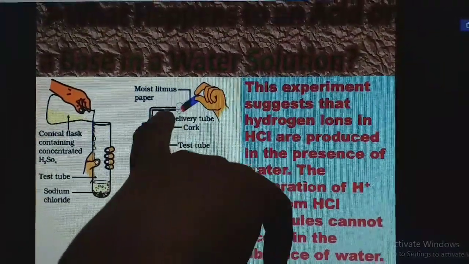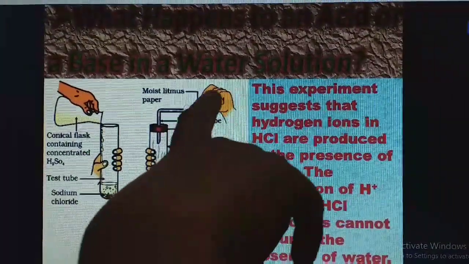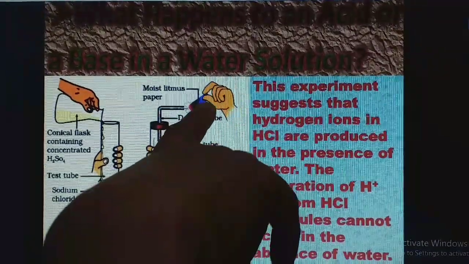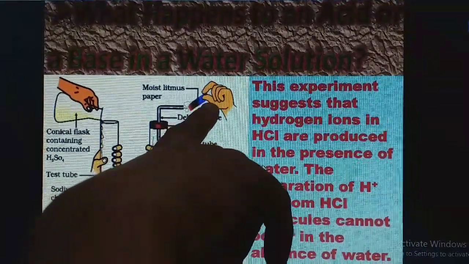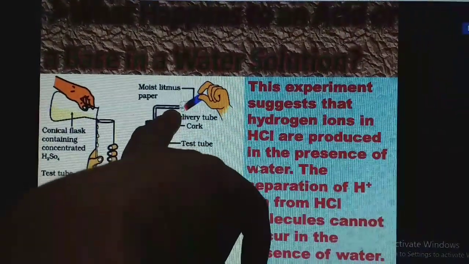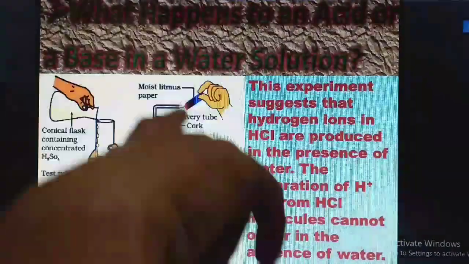How will you test whether that HCl is acidic or basic? You know very well, you have to introduce a litmus paper. Suppose when you introduce a blue litmus paper, dry litmus paper, near the mouth of the HCl gas, it is not changed to red. Why?